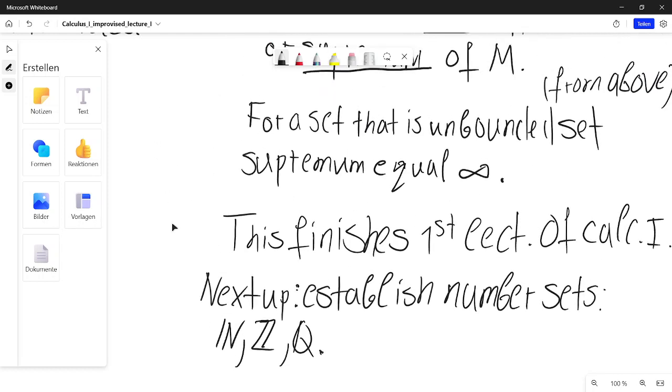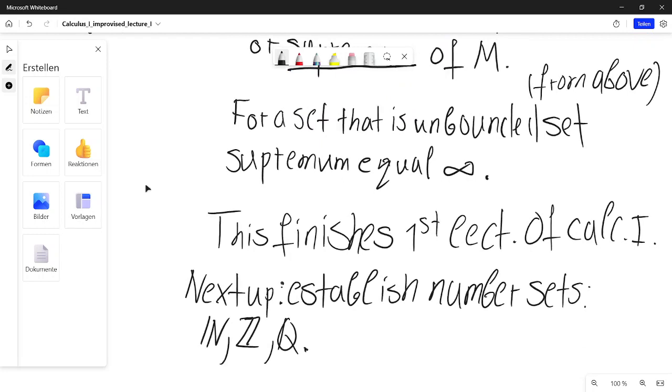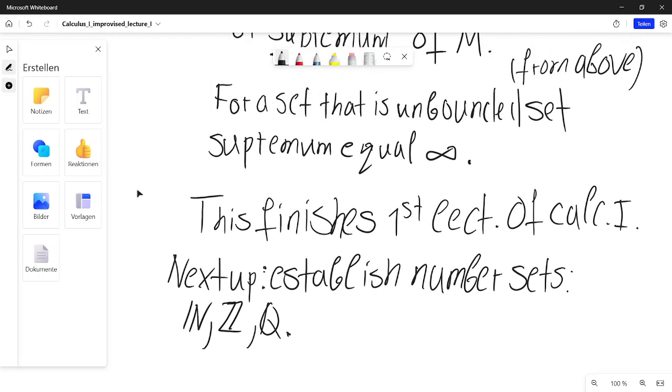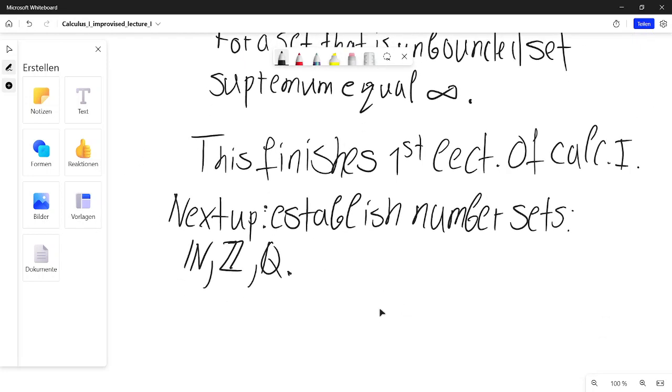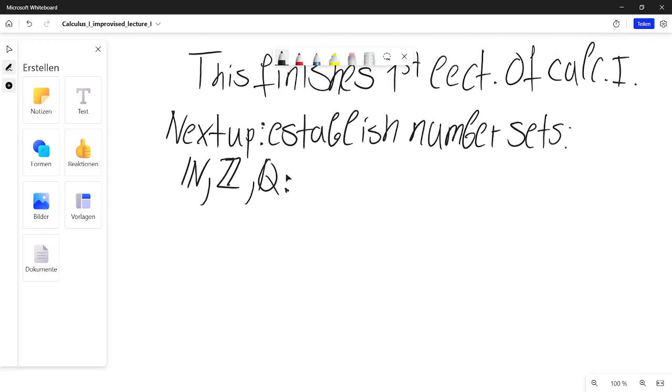Yeah, but it will be quite an interesting construction. And I think, I'm not sure yet, but I think that we can already do that. Start to establish number sets. And then we can already start with sequences and limits.